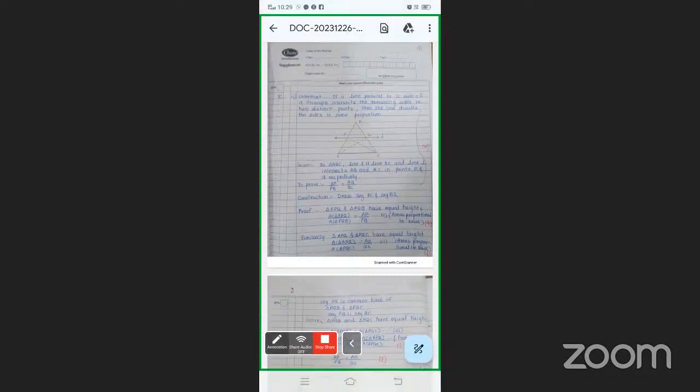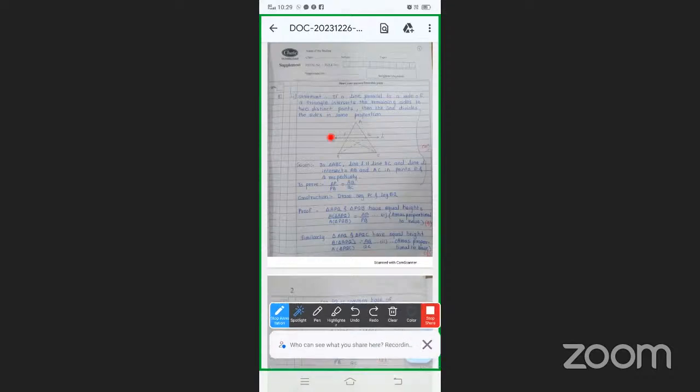So first we have to draw the diagram. So what is the diagram here? Just focus here. We have to draw a triangle ABC and line L is parallel to BC. Correct? So write down the given part. We just have to draw the diagram and write down the given.